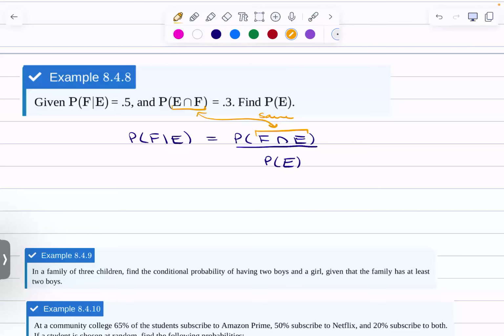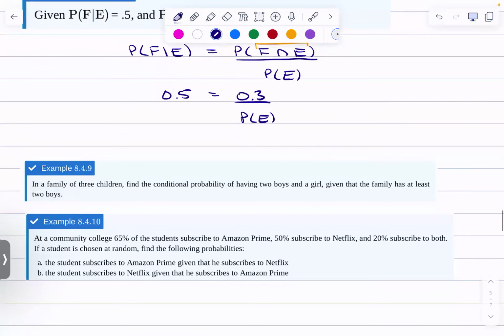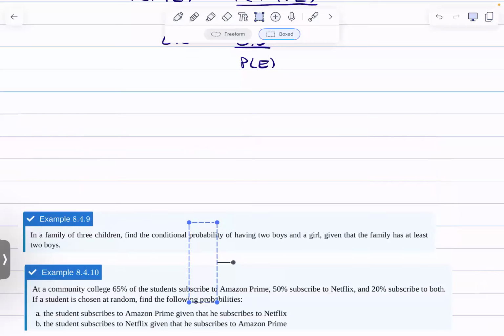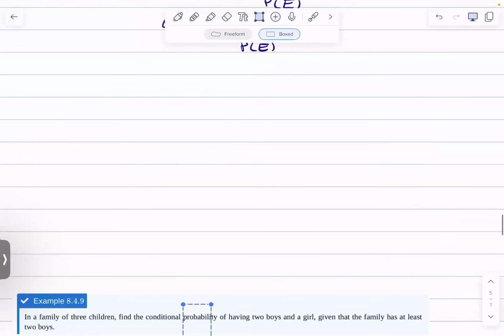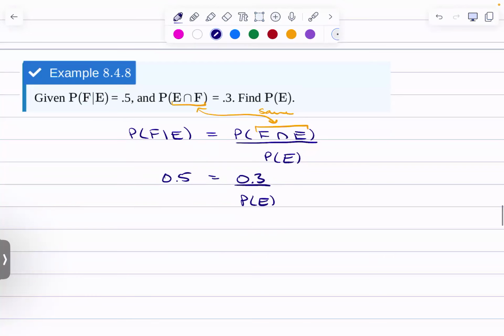And so what I want to do is plug in the values that I do have. The probability of F given E is 0.5, which equals the probability of E and F, which is the same as the probability of F and E, so that's 0.3, divided by the probability of E. Solving for the probability of E, what are you going to have to do?